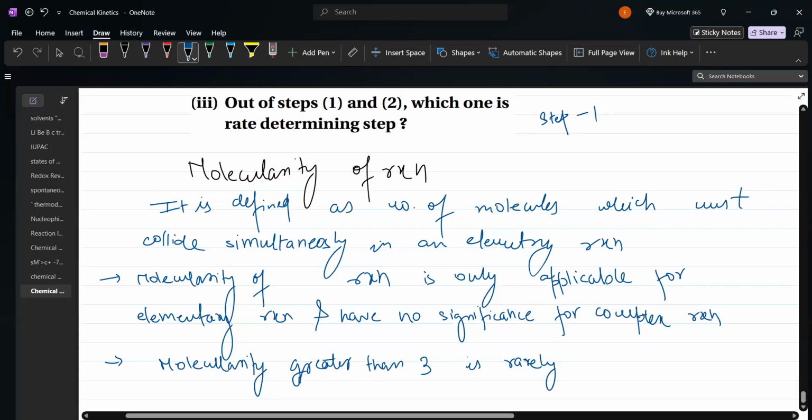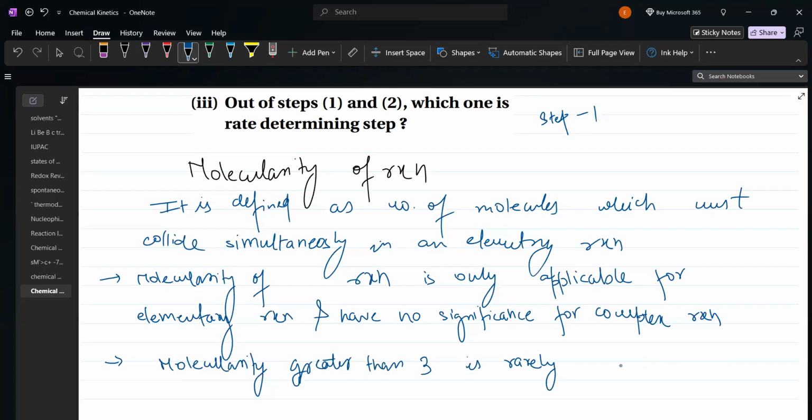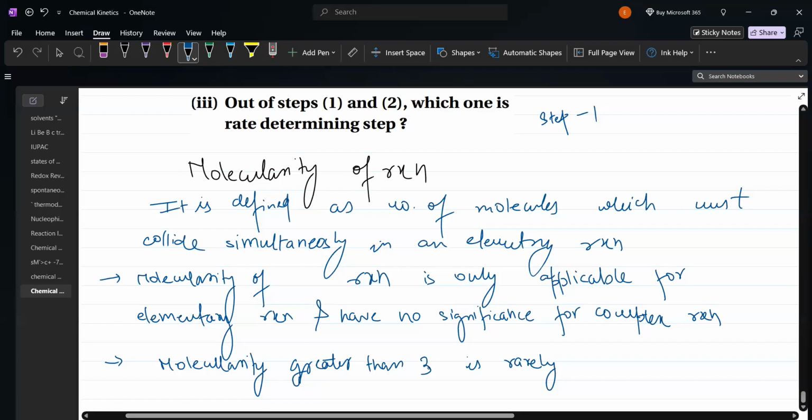It means more than 3 molecules colliding simultaneously is rarely observed. The possibility of collision of 2 is obviously more than 3, and 4 molecules colliding simultaneously is very low. That is why the statement is molecularity greater than 3 is rarely observed. Are you getting this, Zana and Rishita? Yes, sir.